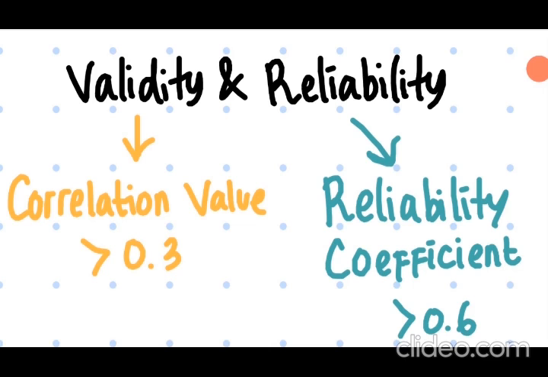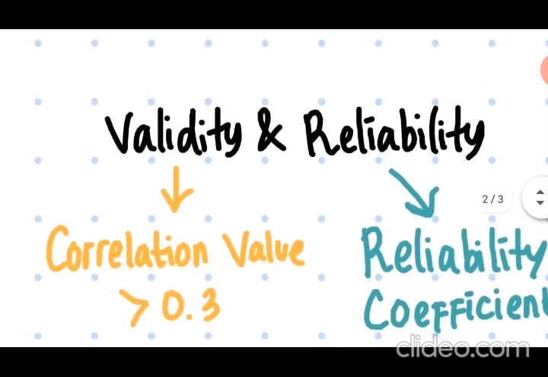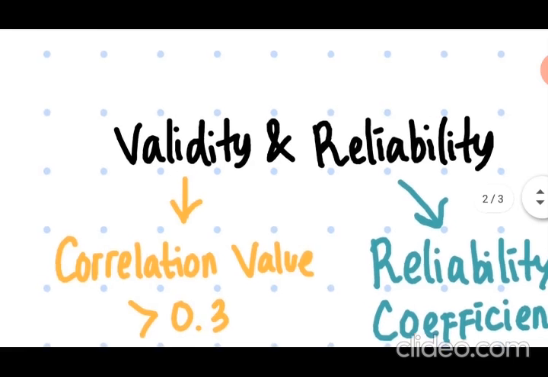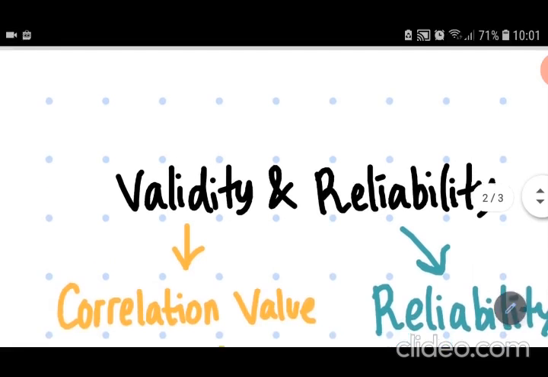And the next is validity and reliability. The validity and reliability test is a test to make sure that the indicators are valid and reliable to become indicators of a variable. For the validity test, we can conclude that the data is valid by looking at the correlation value.